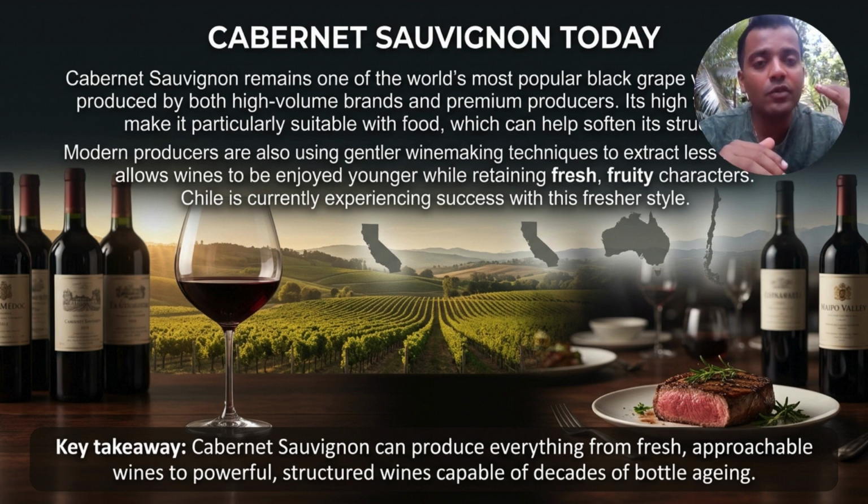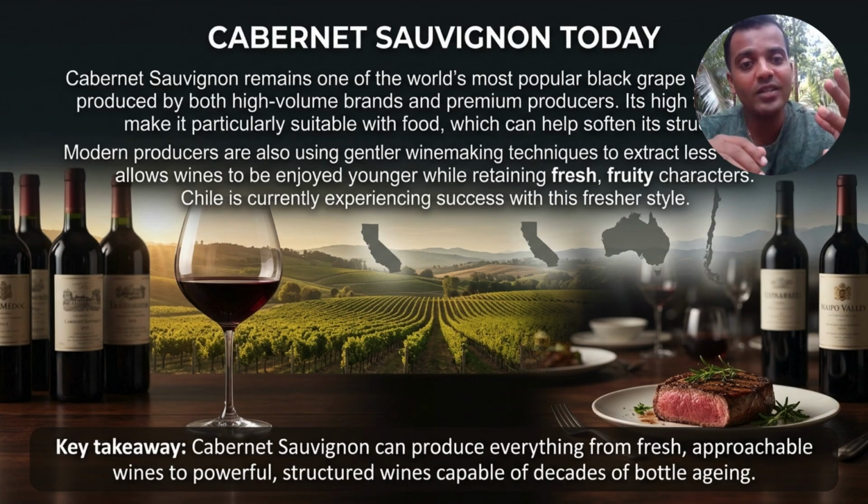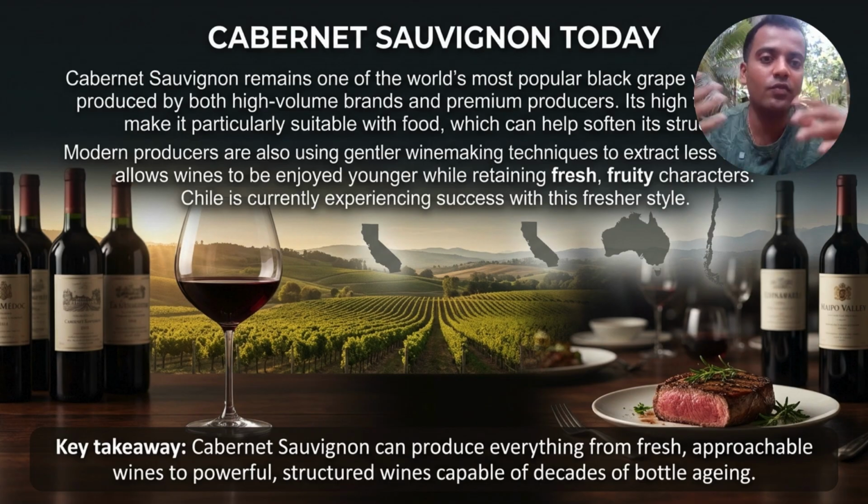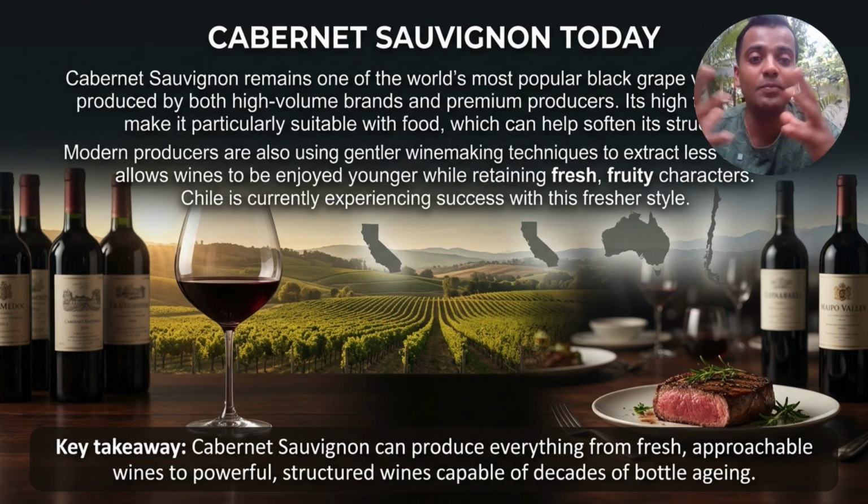Because of these high levels of tannins and acidity, it's particularly suitable to pair with heartier, meatier dishes. As you can see in the picture, when served steaks, everyone thinks of serving a glass of Cabernet Sauvignon along with these steaks and other red meat dishes, because of the perfect, harmonious matching experience.